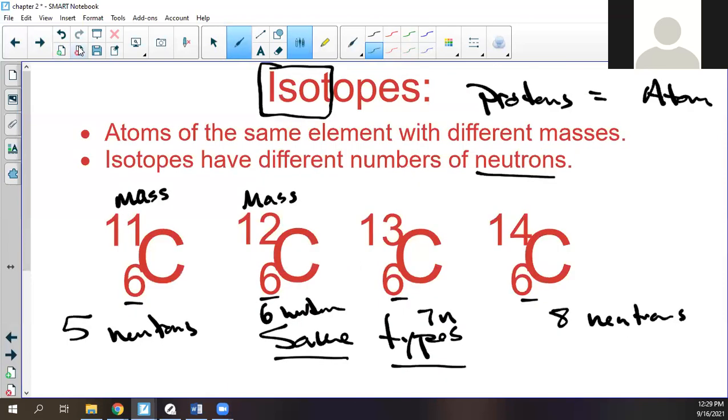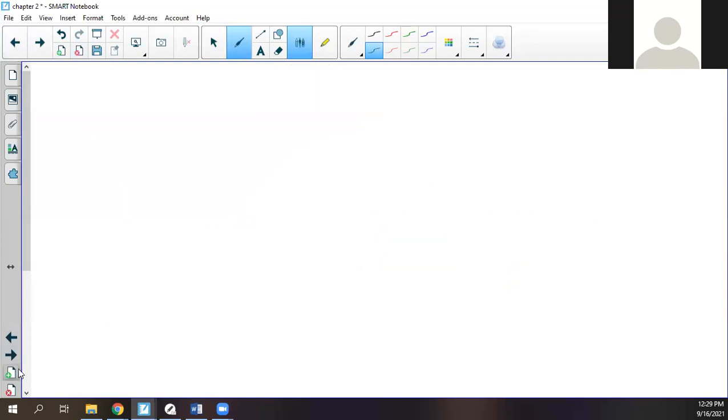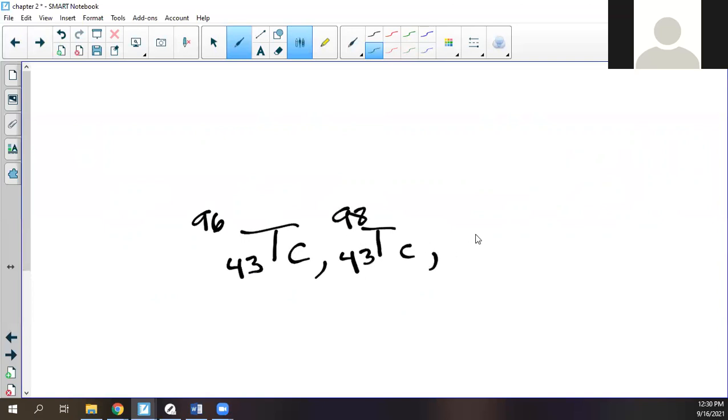Okay, so an isotope is an atom with the same number of protons but different numbers of neutrons. You do have to know how to pick an isotope out of a list. If I were to say which of the following are isotopes, and I would have TC 43 and 96, TC 43 and 98, and TC 43 and 100.